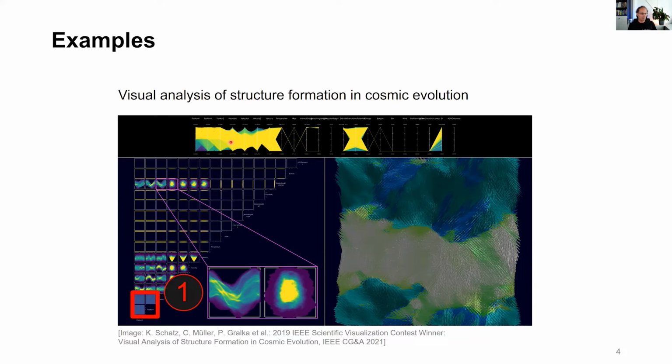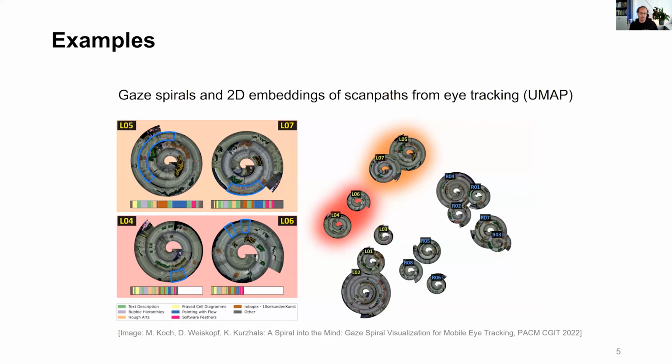And for example, you see a SPLOM here, so a collection of different scatter plot matrices showing various data dimensions. And the same type of data set is also shown here in a small parallel coordinates visualization at the top.